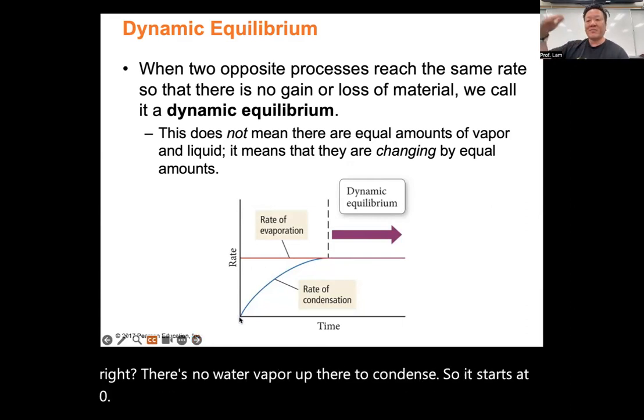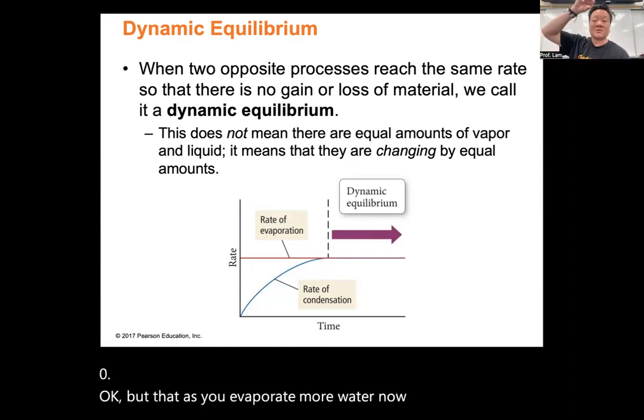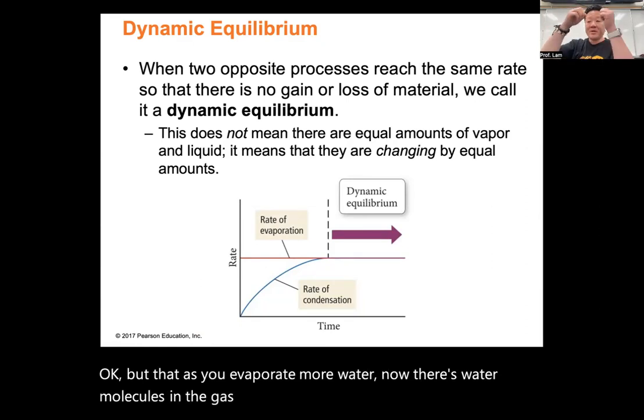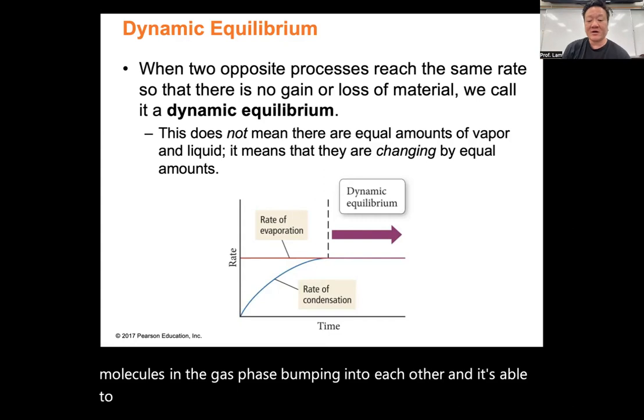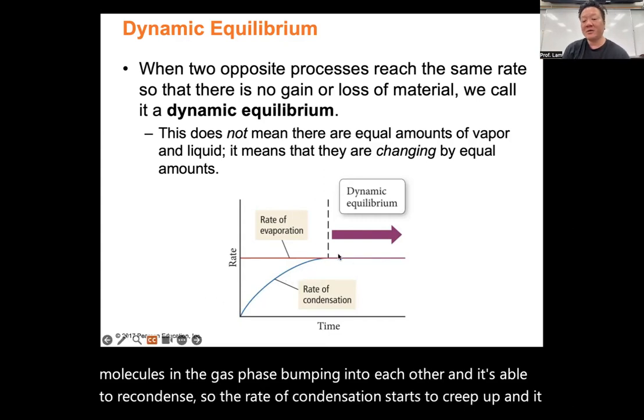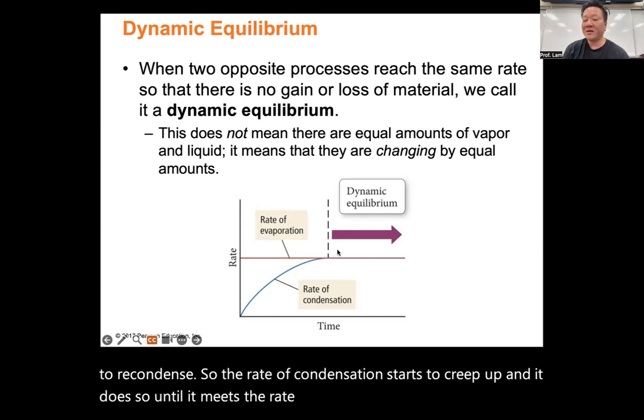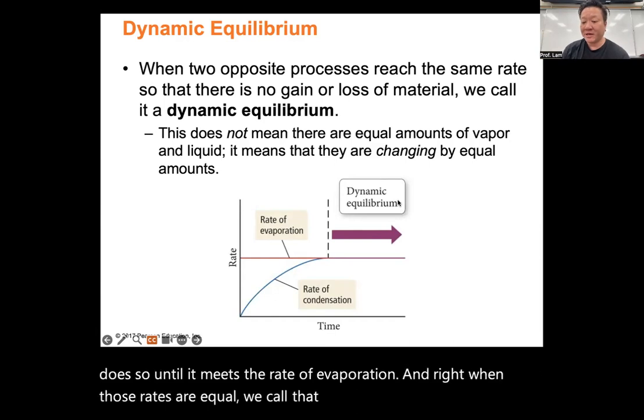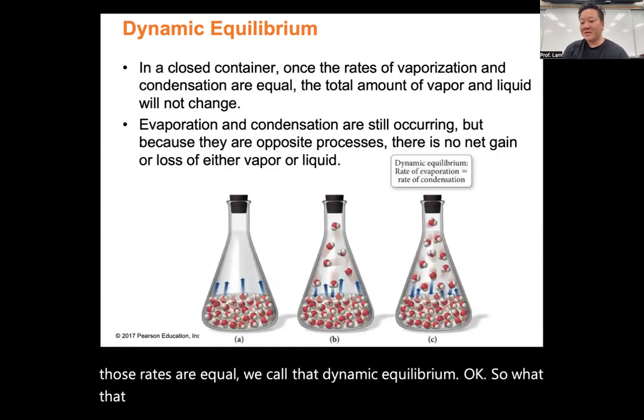But then as you evaporate more water, now there are water molecules in the gas phase bumping into each other and they're able to recondense. So the rate of condensation starts to creep up. And it does so until it meets the rate of evaporation. And right when those rates are equal, we call that dynamic equilibrium, okay? So what that means is it doesn't matter how long you leave the flask there.